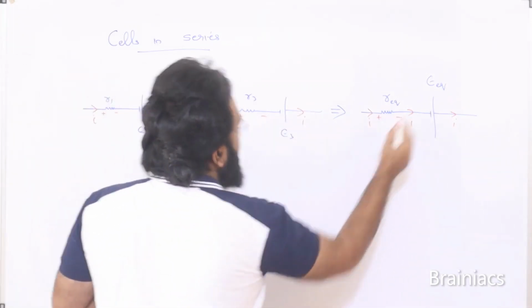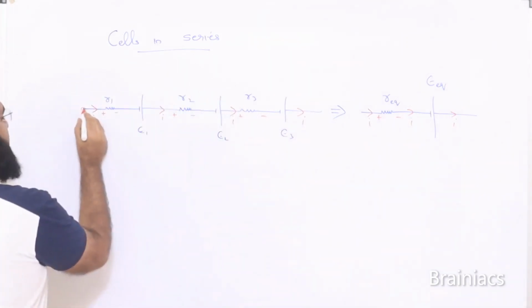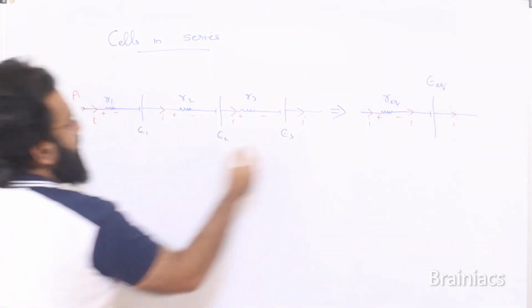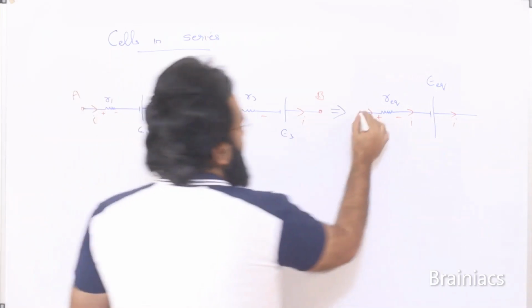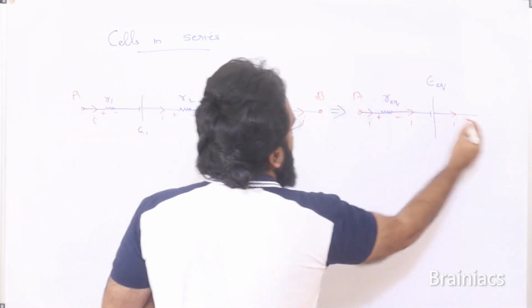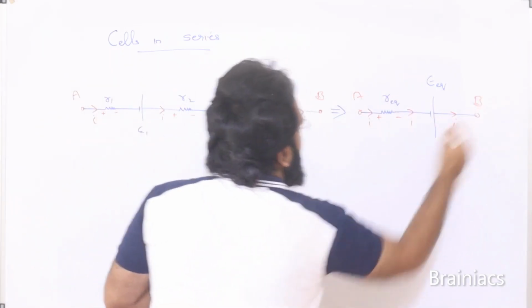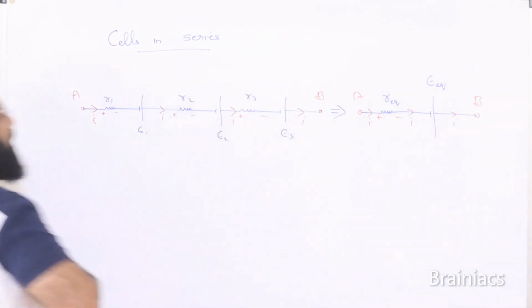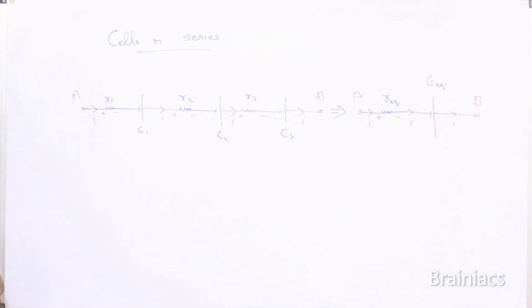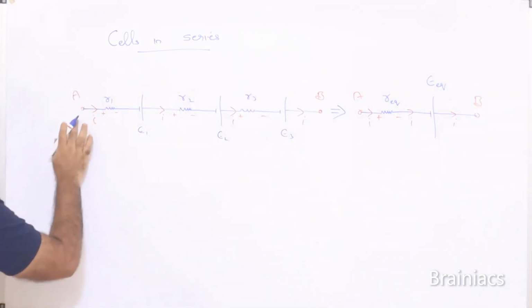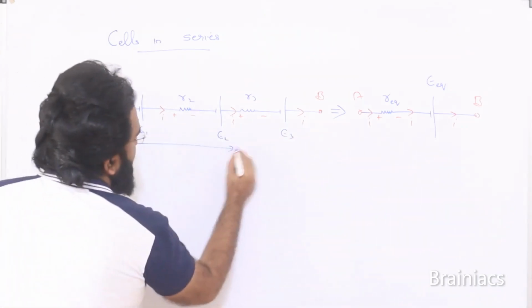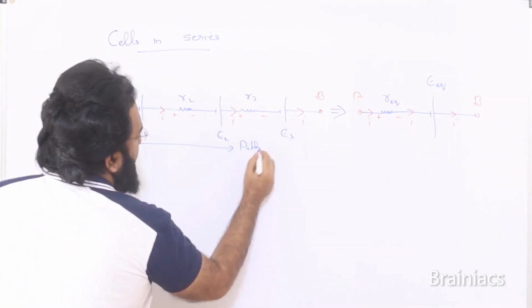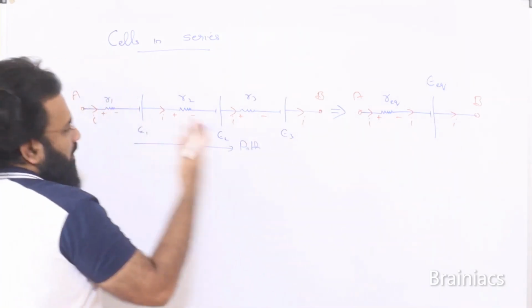If this terminal we consider as A and this terminal as B, now we will find the potential difference between terminal A and terminal B. So how have we done that? We will choose a path, we can choose this way or that way, it's our wish.